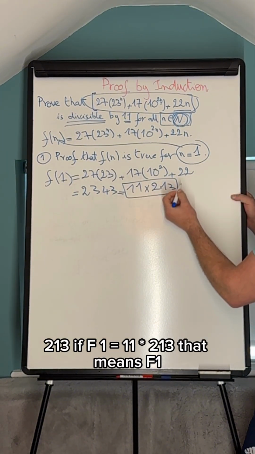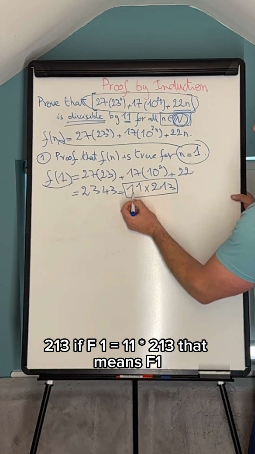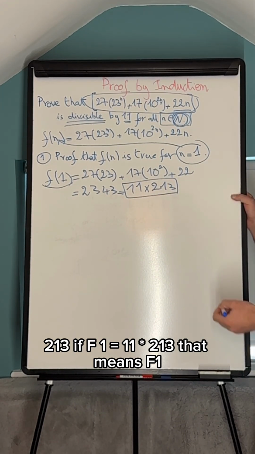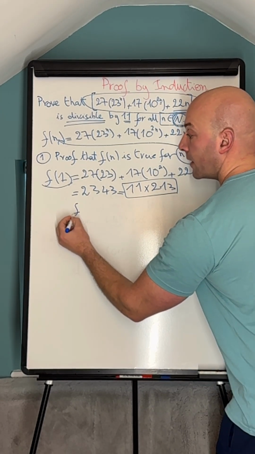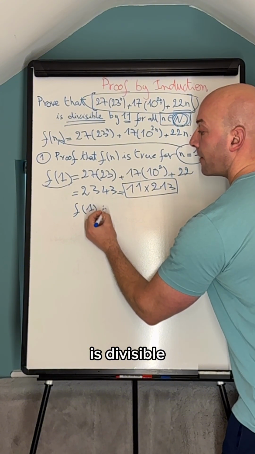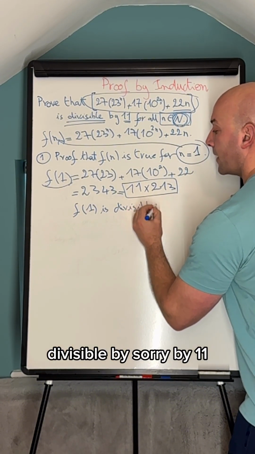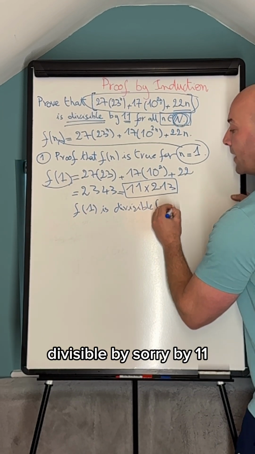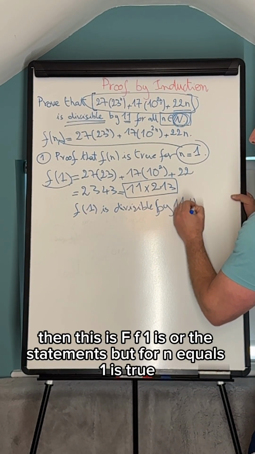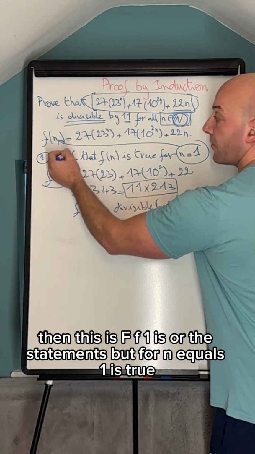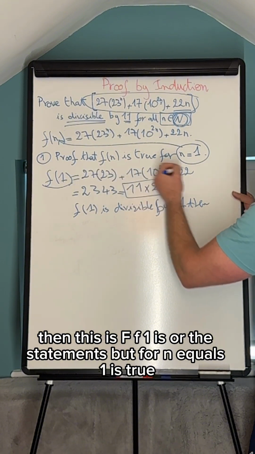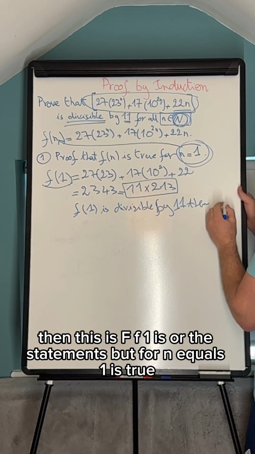If f(1) equals 11 times 213, that means f(1) is divisible by 11, so the statement for n equals 1 is true.